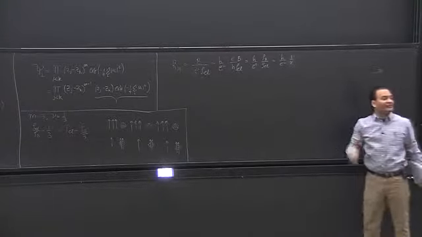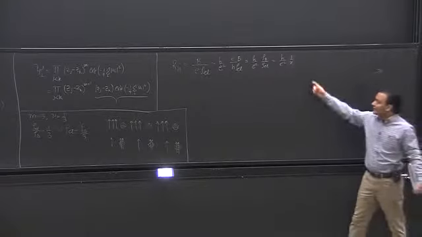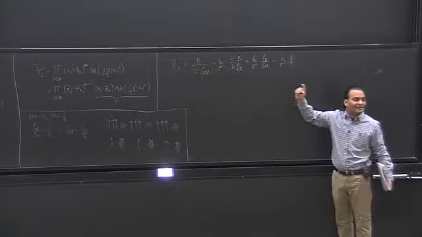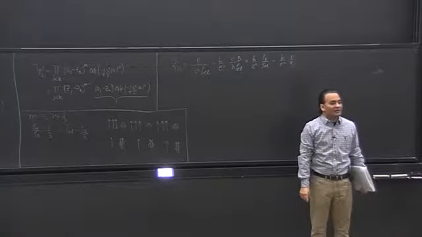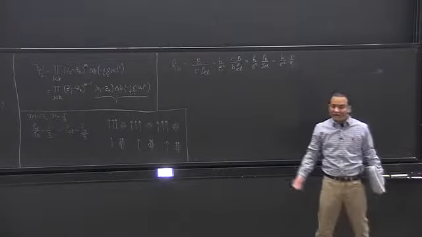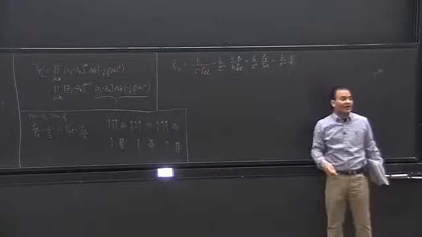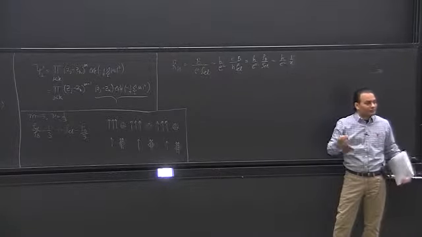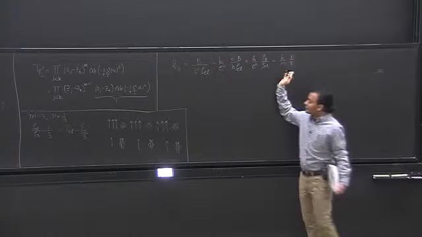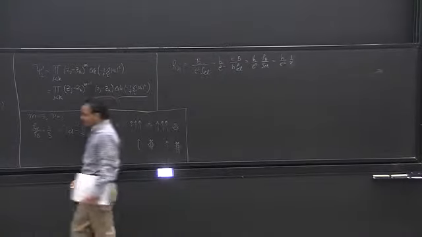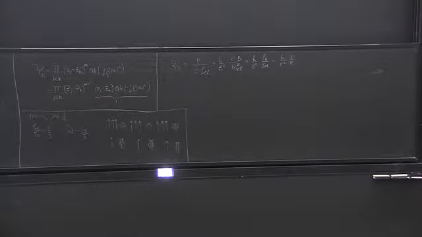So if you are at filling factor 1/3, this will give you a value of 3 times h over e squared, and that is what you have on the plot. If your filling factor is 1, it will give you h over e squared. 2, it will give you half of h over e squared, and so on. So all these values are consistent with what you see on this curve.